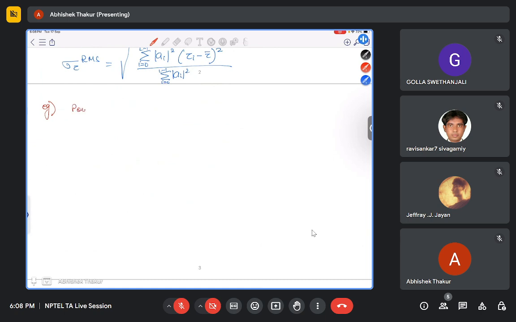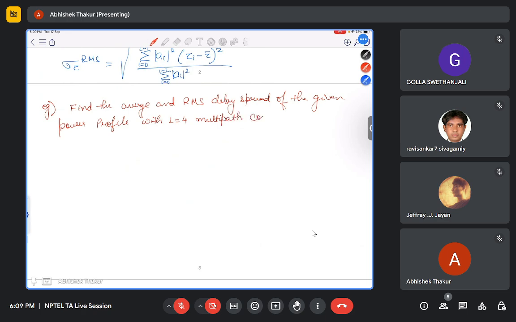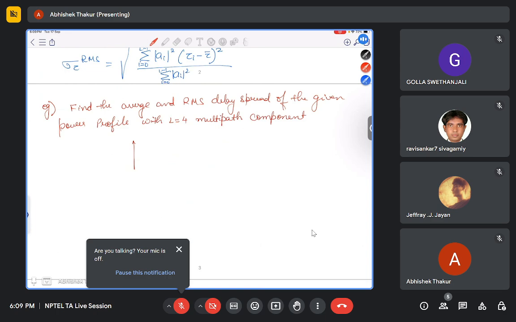The power profile is given here, with L equal to 4.